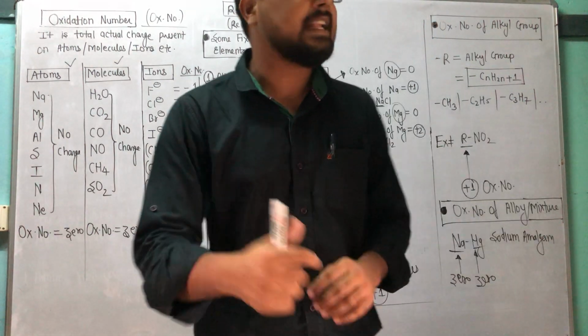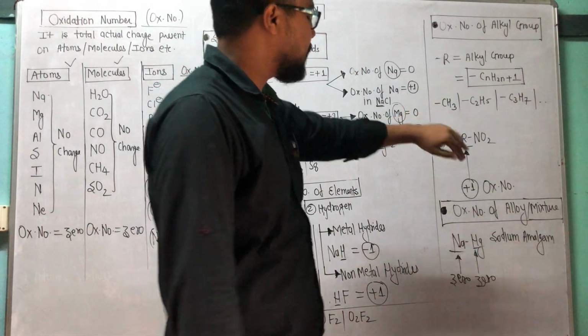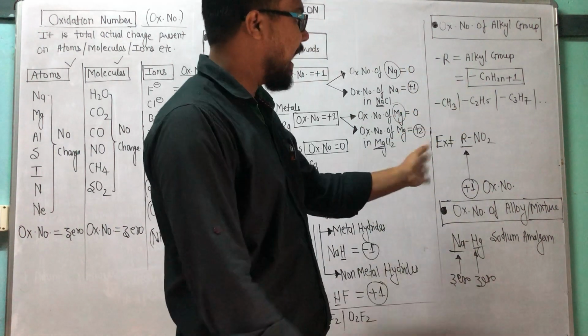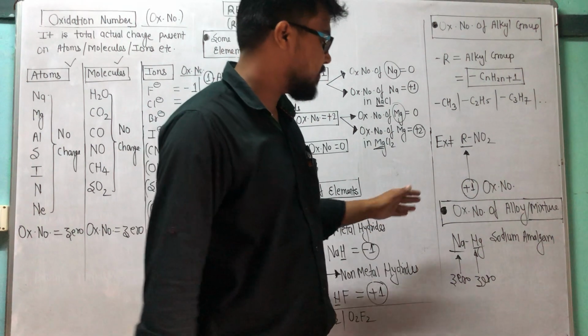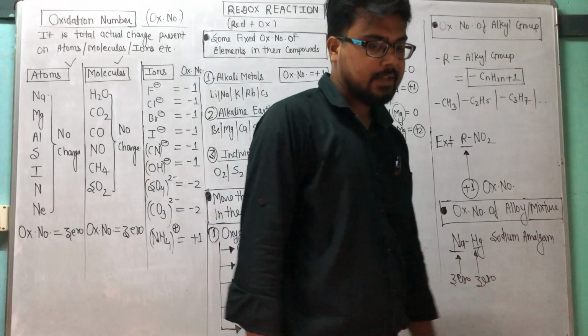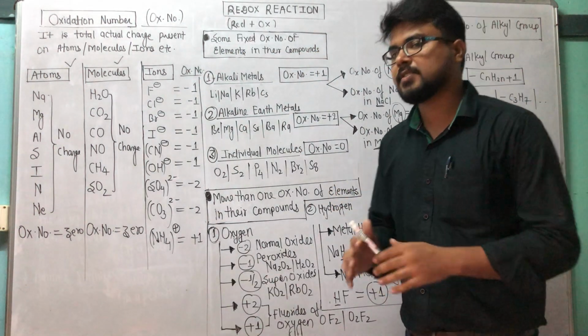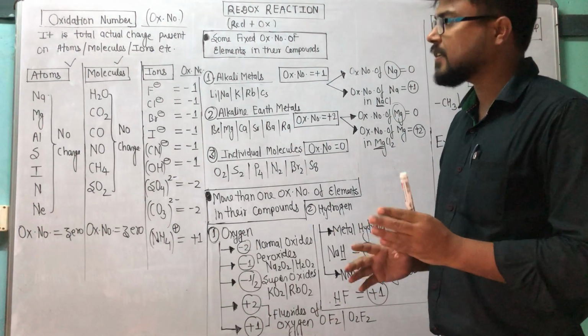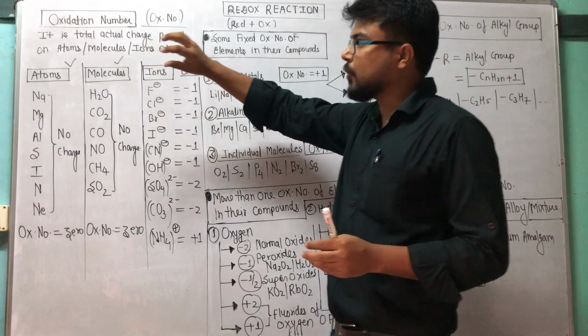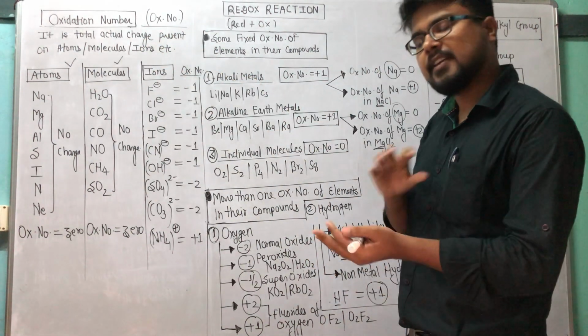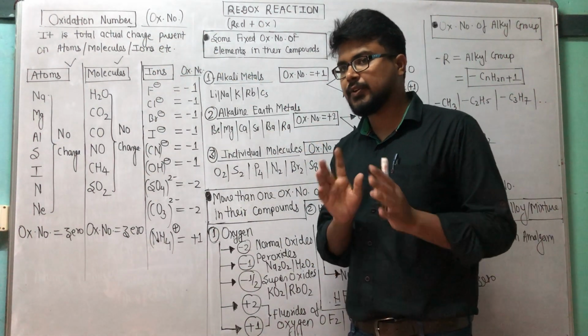For the alkyl group in nitroalkane or alkyl nitrite, it is +1. For an alloy mixture, it is 0 and 0. So it's all about the basics of oxidation number, and the definition is: the total actual charge present on any species, atom, molecule or ion.